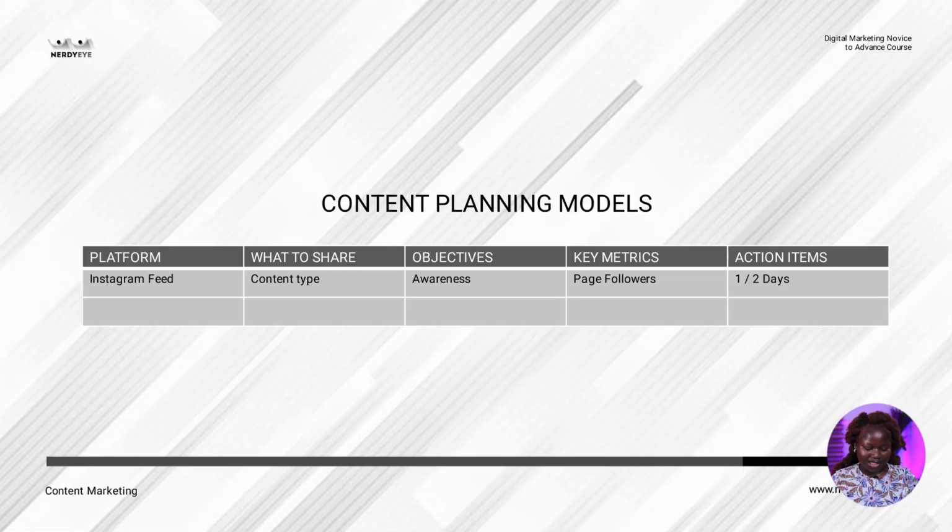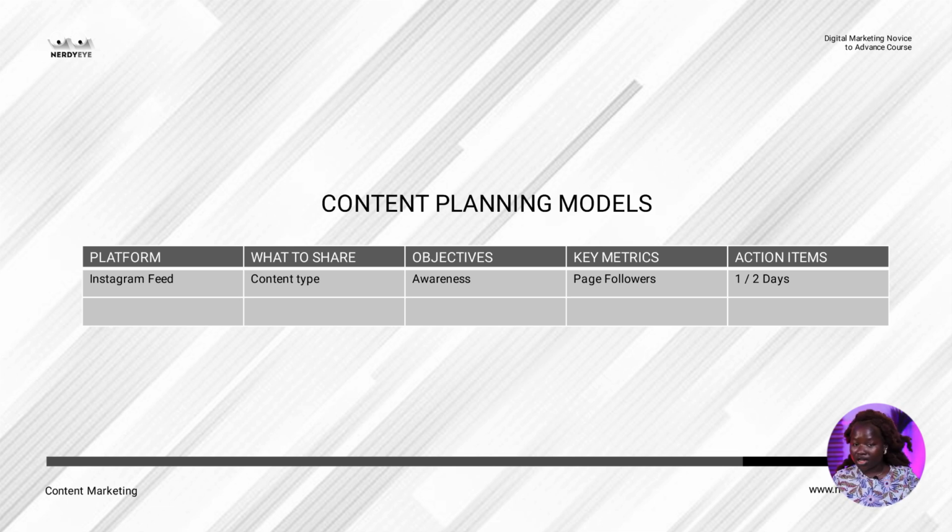And finally, the 3rd step in creating an effective plan is to have your content planning models. Taking a look at this diagram, you see that we have platforms, what to share, objectives, key metrics, and action items. Your platform, for instance, could be your Instagram feed or story. What to share could be a content type such as funny or educative content.